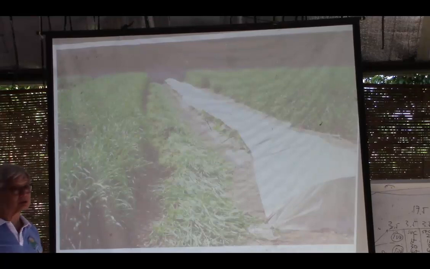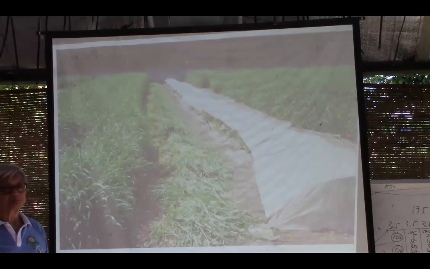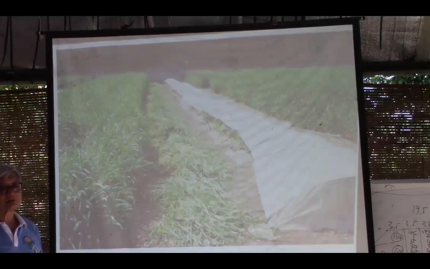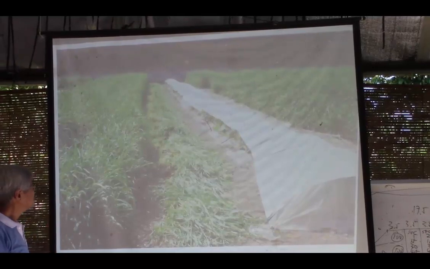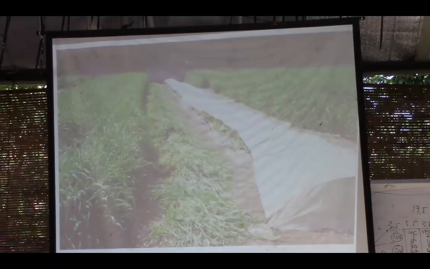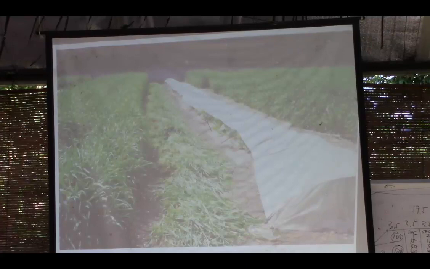Star grass, the feed for goats. Napier? Any kind of grass, just an ordinary grass. Cut it, mulch it. So they cut everything and mulch it.